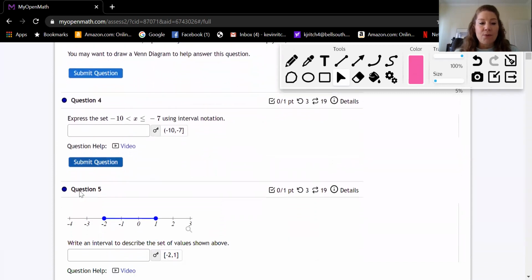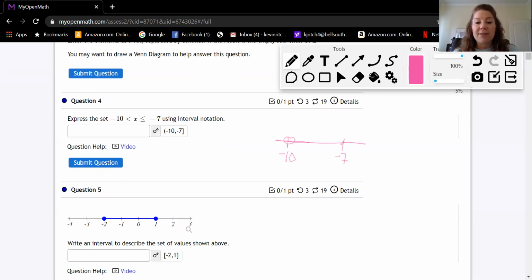All right, so number 4, if we created a number line, we could graph what we see there. So is my pen going to write? Maybe. So if we graphed what we see up there, it says that X is between -10, not including -10, through -7, and I know that it includes -7 because of the symbol.